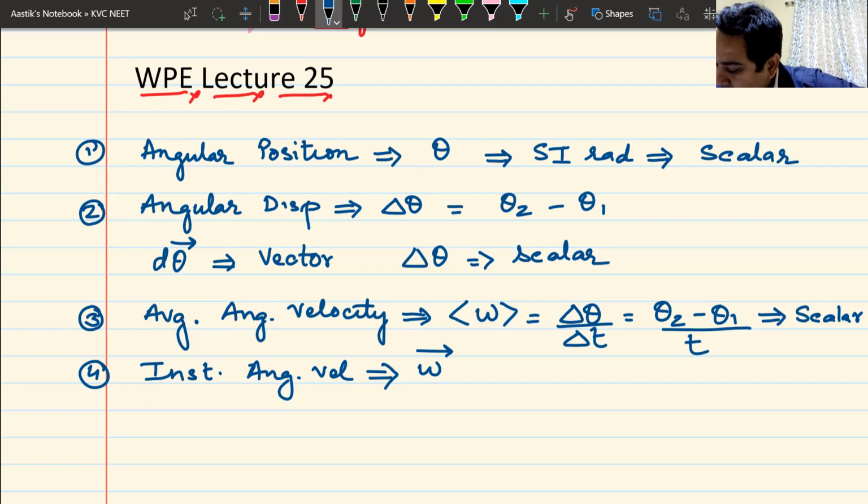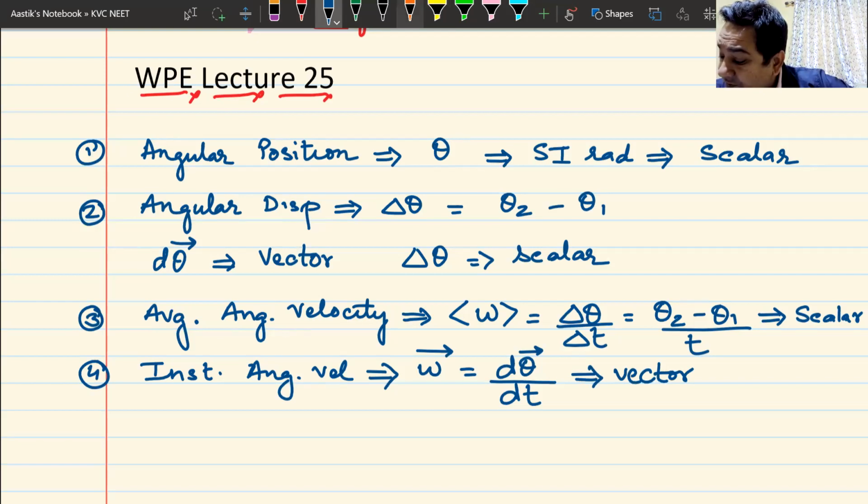It was d theta vector by dt, the derivative of small change in angular position divided by small time. That was my instantaneous angular velocity, and this is definitely a vector.